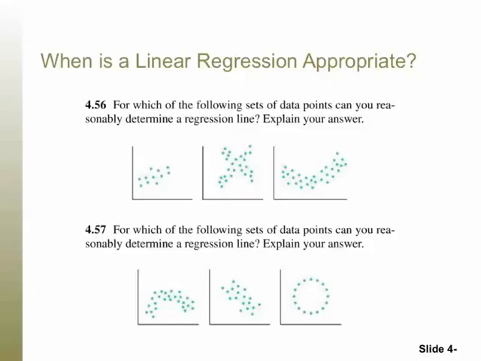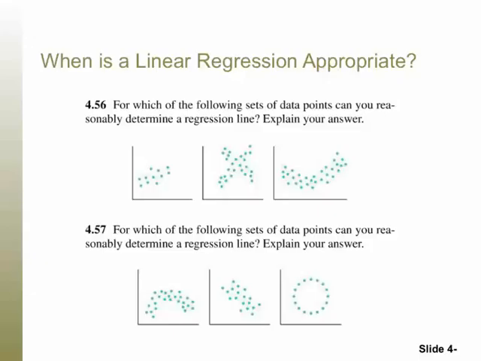Okay, so here are some examples of scatter plots. And like I said, not all relationships in the real world turn out to be linear. So for which of these would it be appropriate to come up with a best fit line?